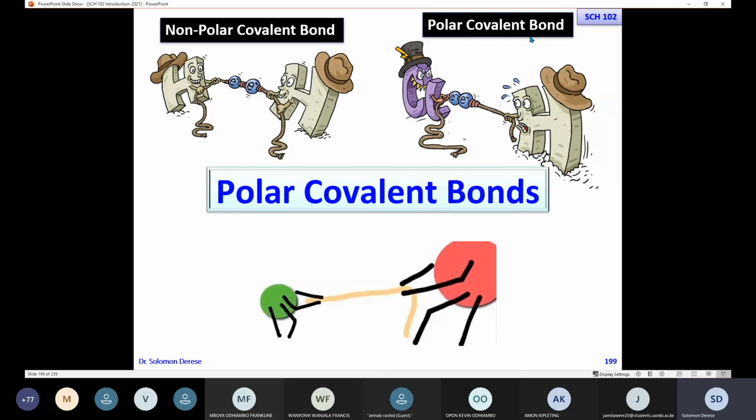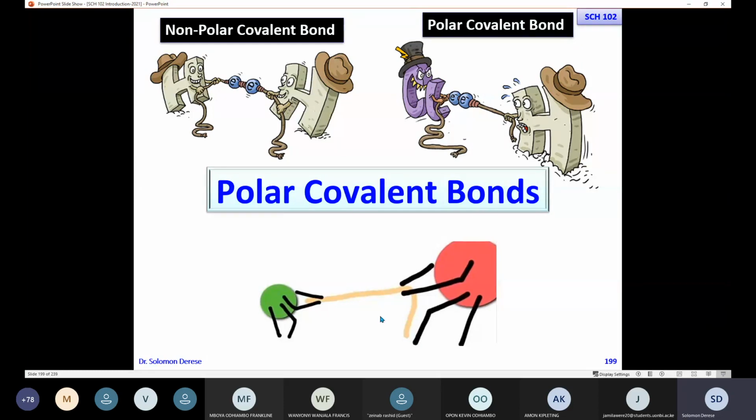And as you can imagine, the majority of the chemical bonds that exist in organic compounds are between different elements. Most chemical bonds are between different elements. So the most common covalent bond you'll find in organic molecules is polar covalent bond.